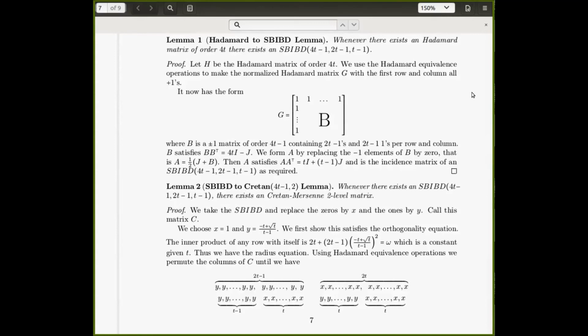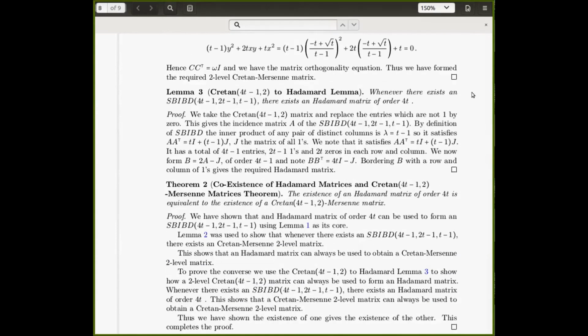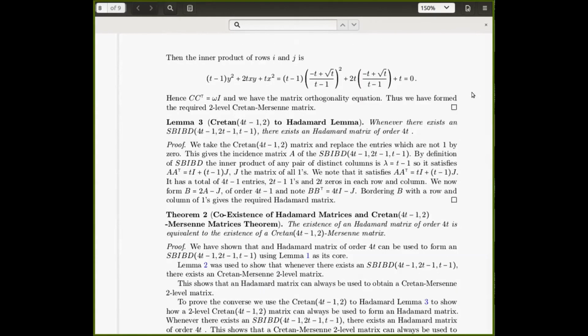Down, please. So, in fact, we end up with an equation like this, with the product of the rows of I and J as that. So it satisfies the orthogonality equation because of this 0.